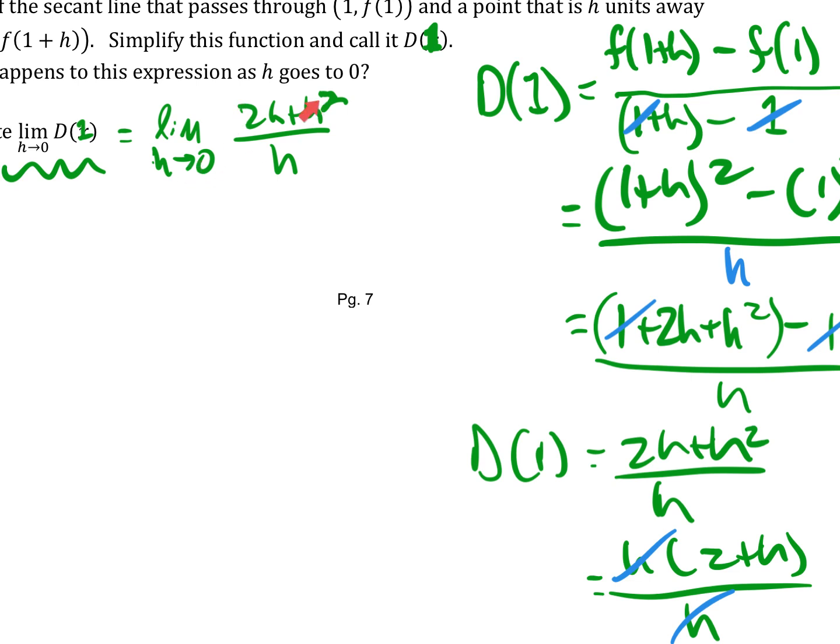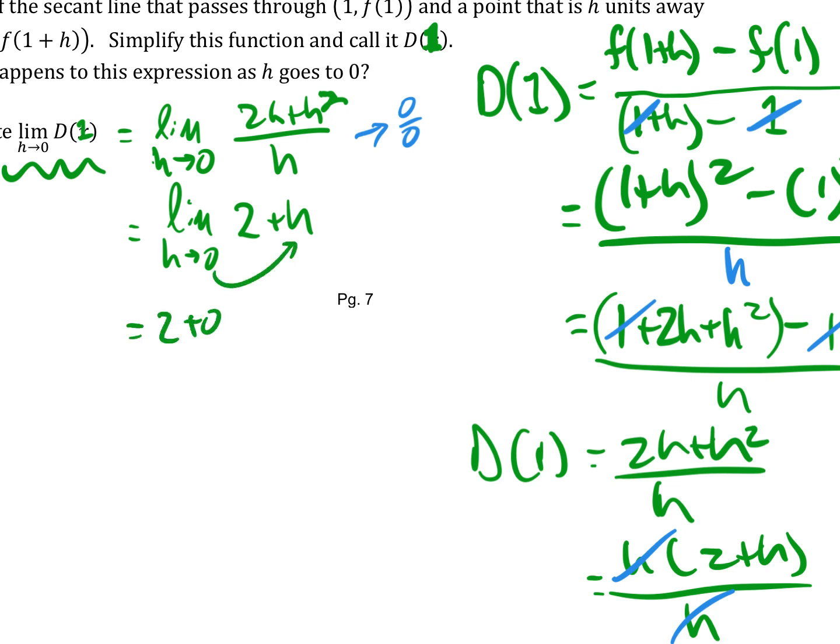If we plug in 0 here, this goes to 0 over 0. But that doesn't tell us anything, right? So we have to clean this up like we just did. This is just 2 plus h. h cancels both ways like we did down here. And now as h goes to 0, we can plug in 0. This is just 2 plus 0, which is 2.